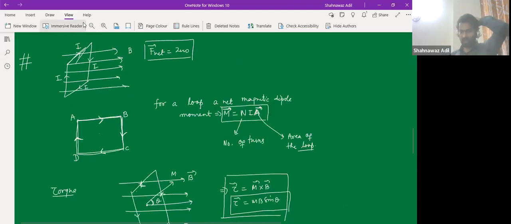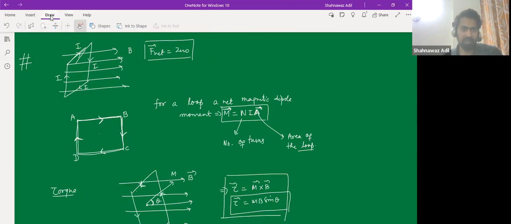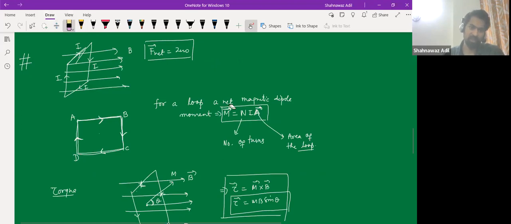I have not calculated this part, but this calculation you guys already know. So I have not shown why this is definitely right. Yeah, you guys please note down this.